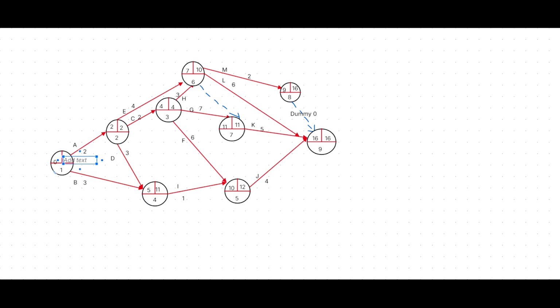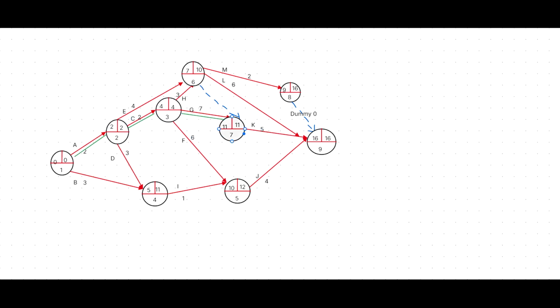The critical path is, you can see A critical, then C critical, then G critical, then K critical.